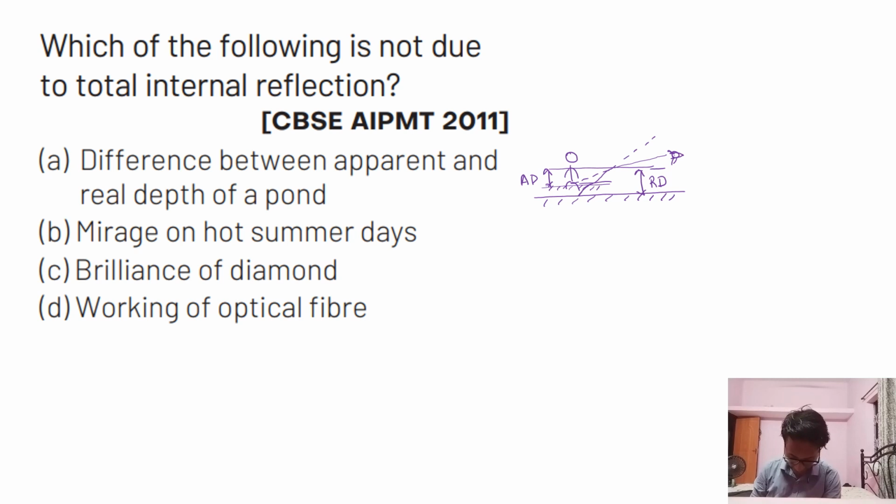Okay, so mirage on hot summer days. Mirage on hot summer days is nothing but, see, when you drive a car on hot summer days, what happens? The lower end of the road absorbs heat from the sun, the lower end of the road gets heated up, and this road heats up the air. And light rays that are traveling from the sun travel into a rarer medium. So what happens when it reaches the critical angle?